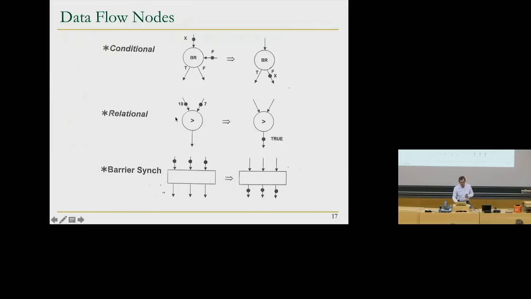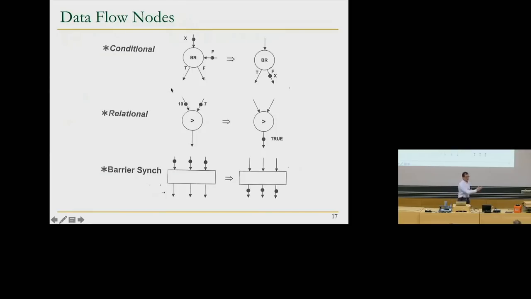Okay, so you could actually build many different nodes. So this is a conditional node, for example. Let's take a look at this. What this does is, it has two inputs, data input X and a control input over here. And it fires when both its inputs are ready. Of course, you need to have the data and the control. If the control input is false, it takes the data input and sends it out of this output. If the control input is true, it takes the data input and sends it out of this true output over here.